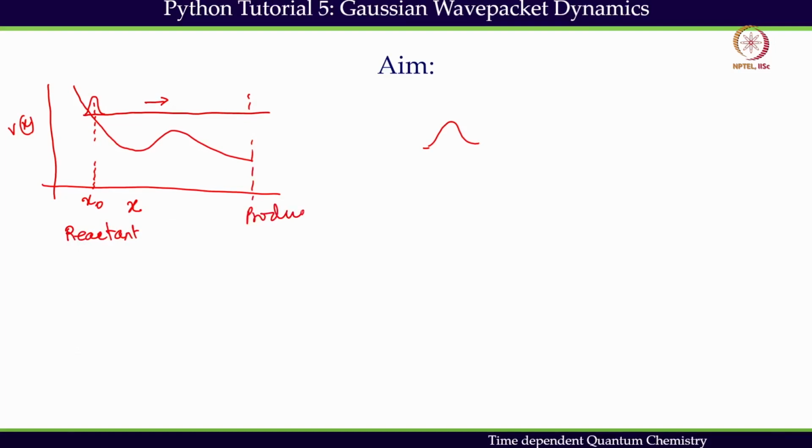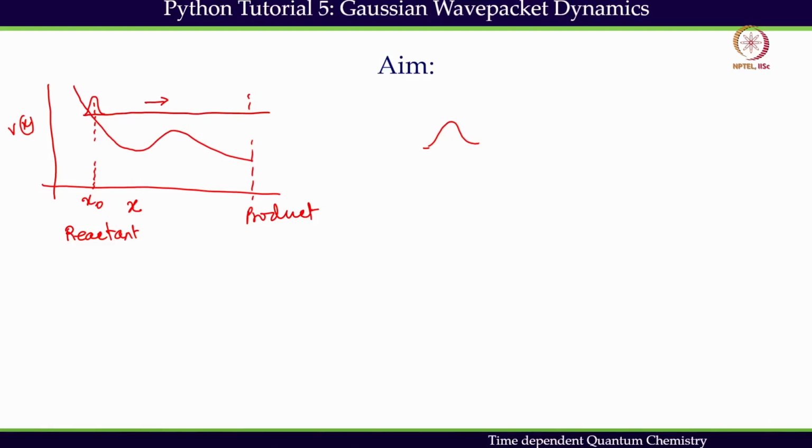That's all about the simplest form of a chemical reaction. The reactant is converting to product, and when the reactant is converting to product, there is wave packet dynamics going on the potential energy surface. And if we know the dynamics, if we know the time scale of this propagation, we know the dynamics of this reaction, this reactant converting to product.